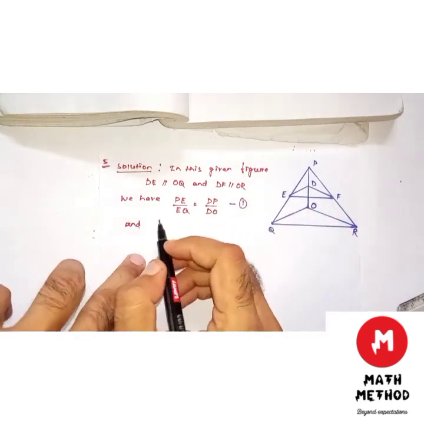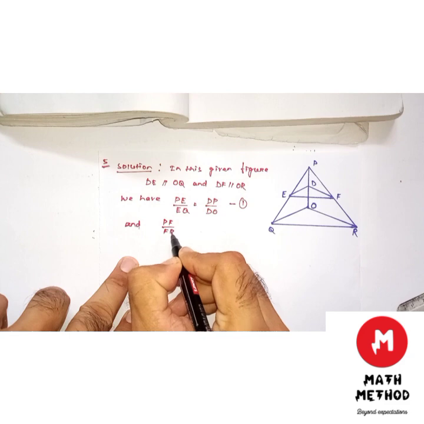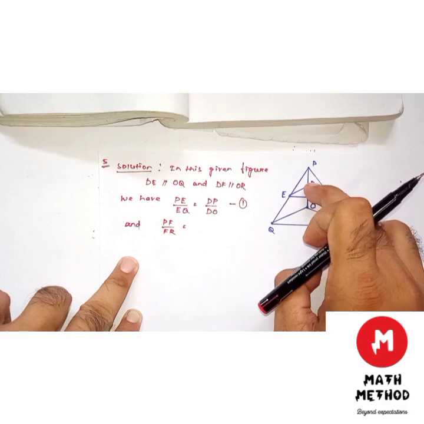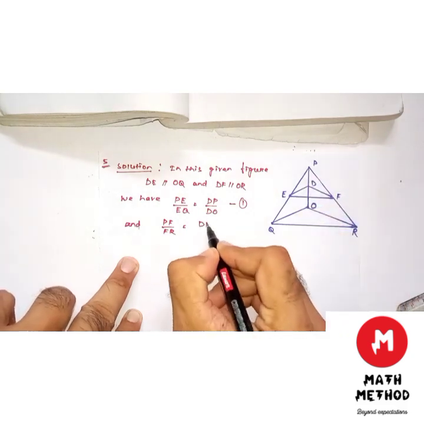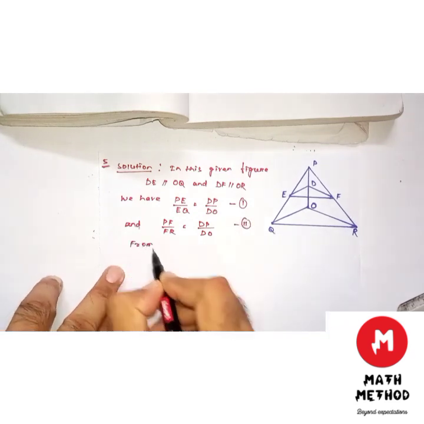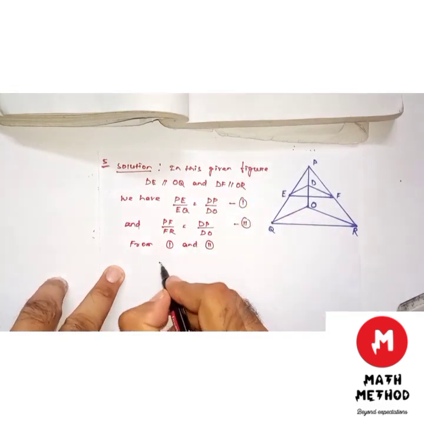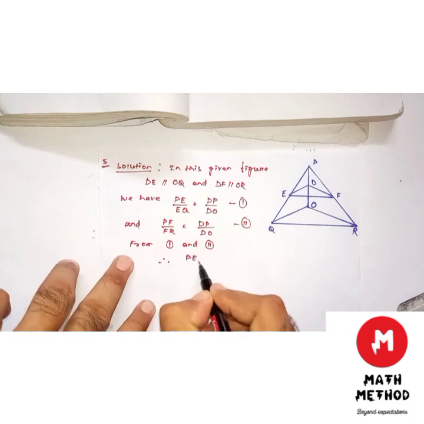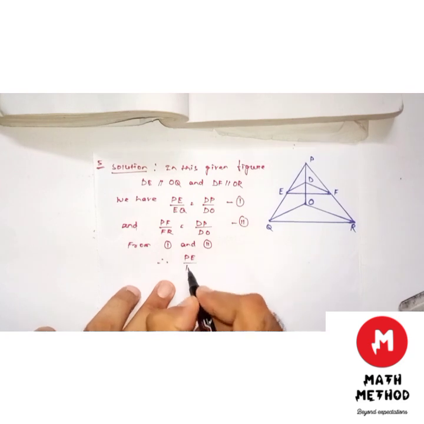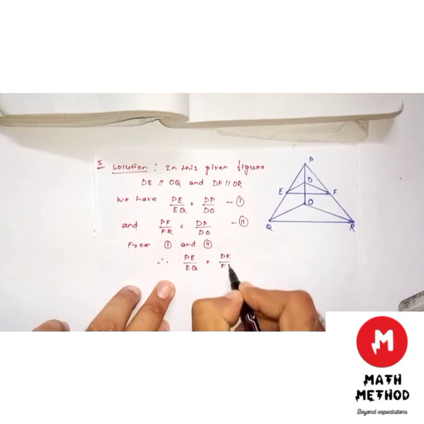And another one is PF upon FR is equal to PD upon DO. This is our 2. Now from 1 and 2, both RHS are same, therefore LHS will be same. PE upon EQ is equal to PF upon FR.